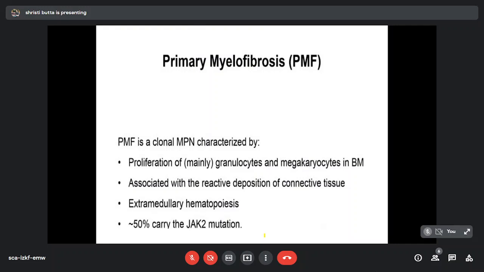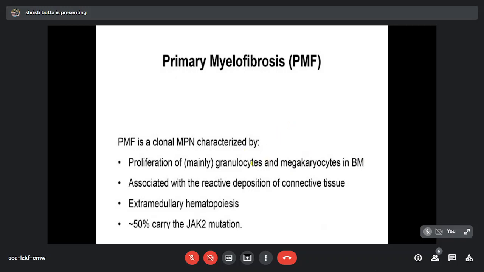Coming to primary myelofibrosis. This is a clonal myeloproliferative neoplasm, which is characterized by proliferation of granulocytes as well as megakaryocytes. So, are you noting one very important thing? There is proliferation of granulocytes with megakaryocytes, granulocytes with RBCs, and RBCs and megakaryocytes. So in all the cases, we are having what is called pan-myelosis.